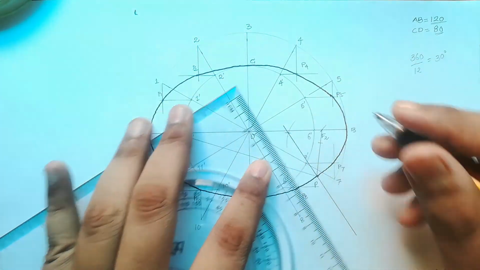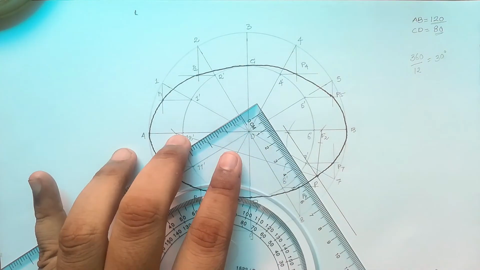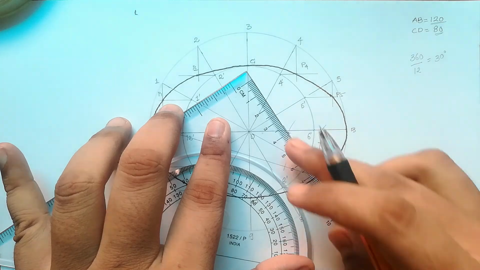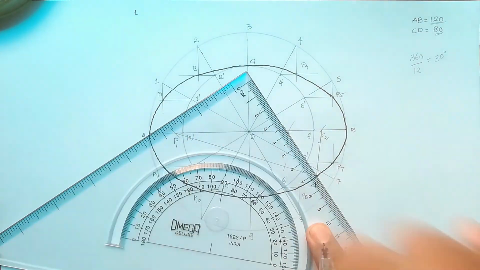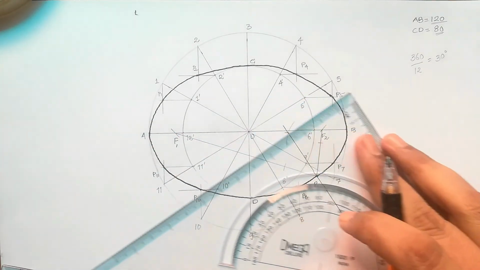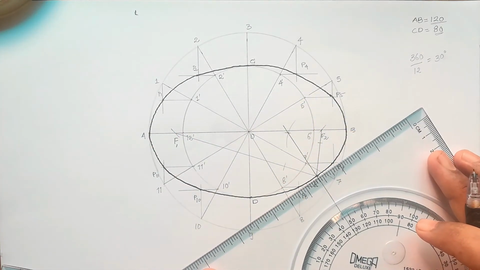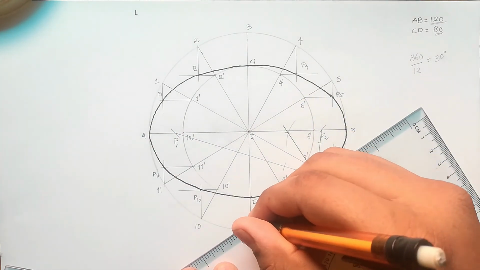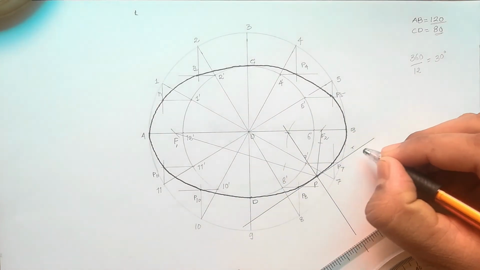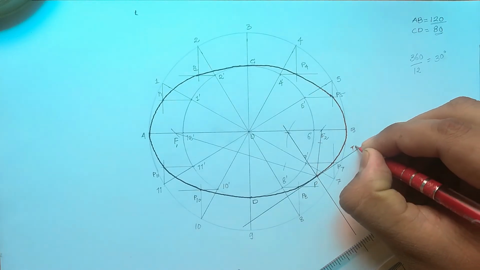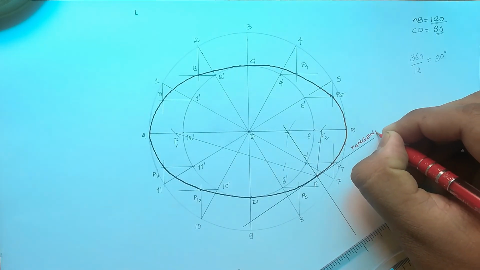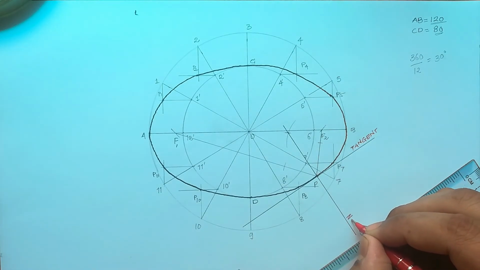So this line is the normal of this ellipse, and if you draw one line that is 90 degrees to the normal from the same point P, it will give you the tangent of the ellipse. So this line is the tangent of the ellipse. Let me write down: this is the tangent and this is the normal.